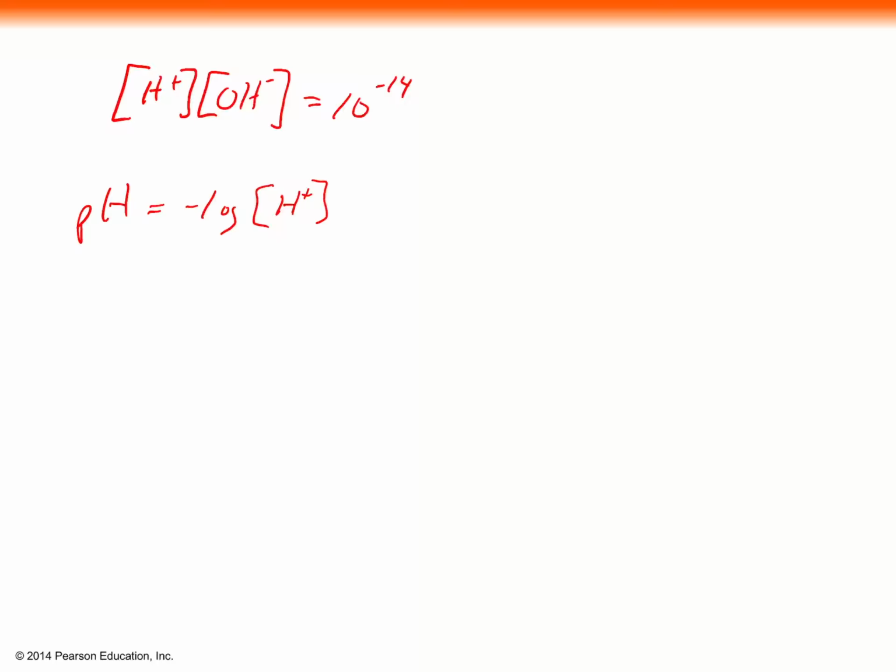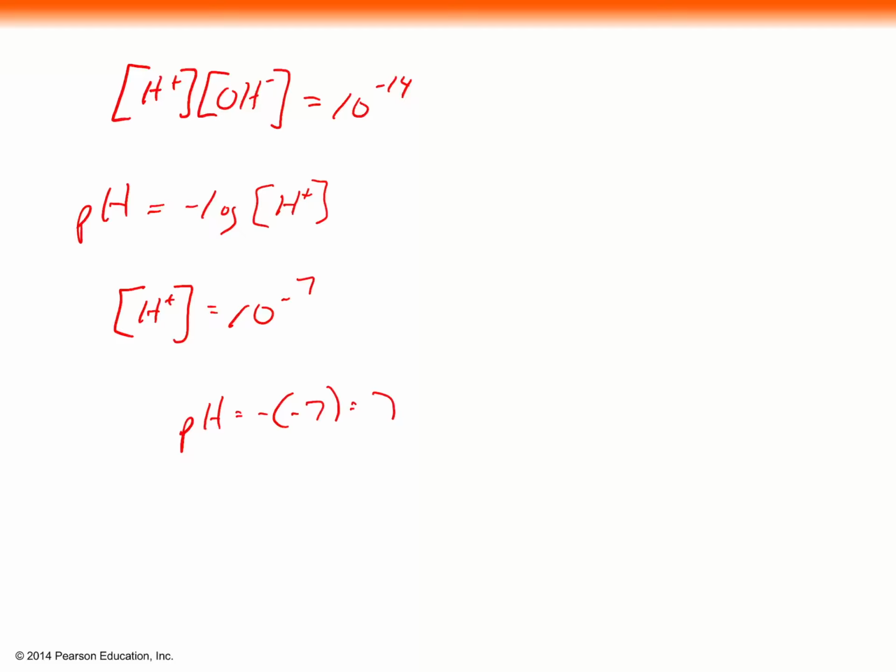So let's say we have a neutral aqueous solution. Our pH in that case is 7, all right? In that case, we know that our proton concentration equals 10 to the minus 7th. So if you take the negative log of 10 to the minus 7th, so pH equals the negative log of 10 to the minus 7th, you get 7.